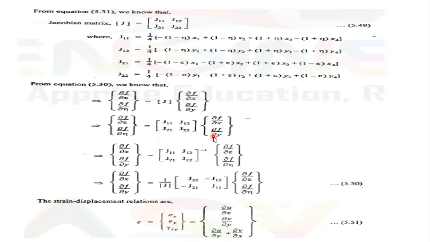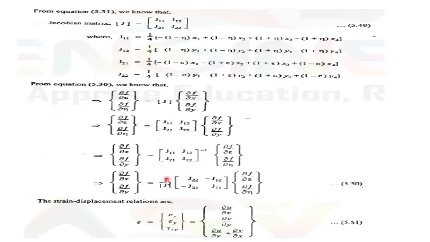This J is J11, J12, J21, J22. We require ∂f/∂x and ∂f/∂y, so I keep them on this side, and the J value changes to its inverse.